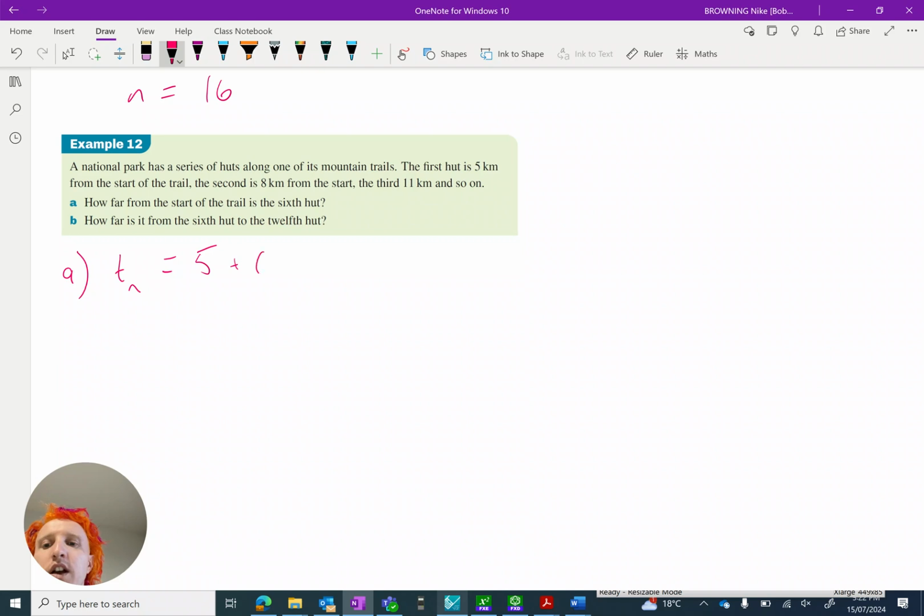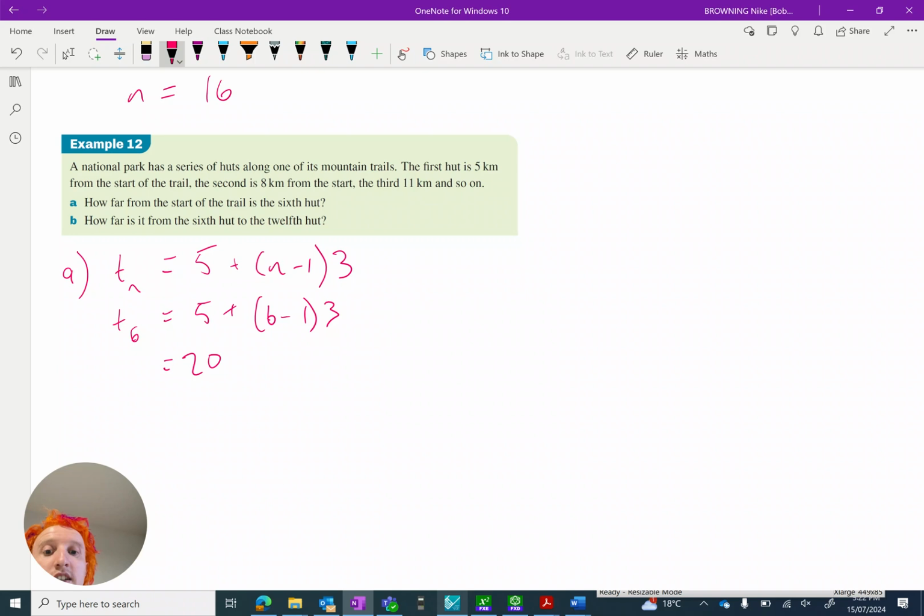We know we are adding 3 each time to go from 5 to 8 to 11. So that's our general formula, and then we can specify for 6. It's 5 plus 6 minus 1 times 3. 6 minus 1 is 5, 5 times 3 is 15, plus 5 is 20.